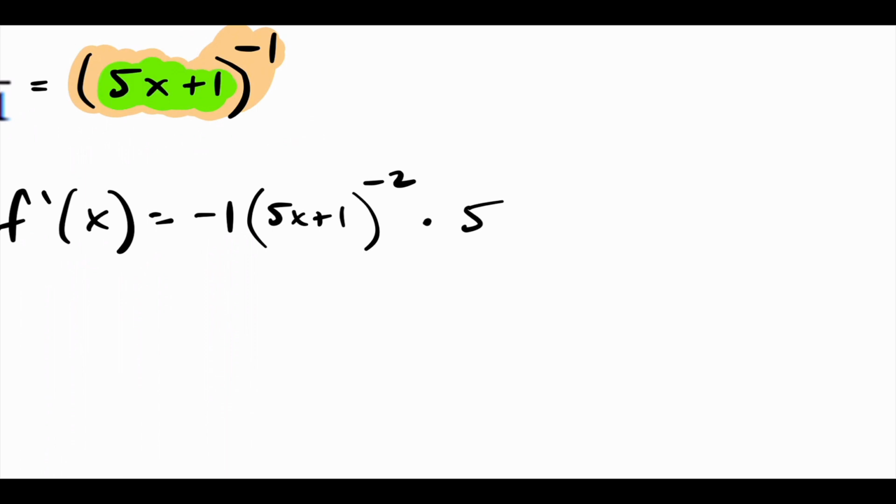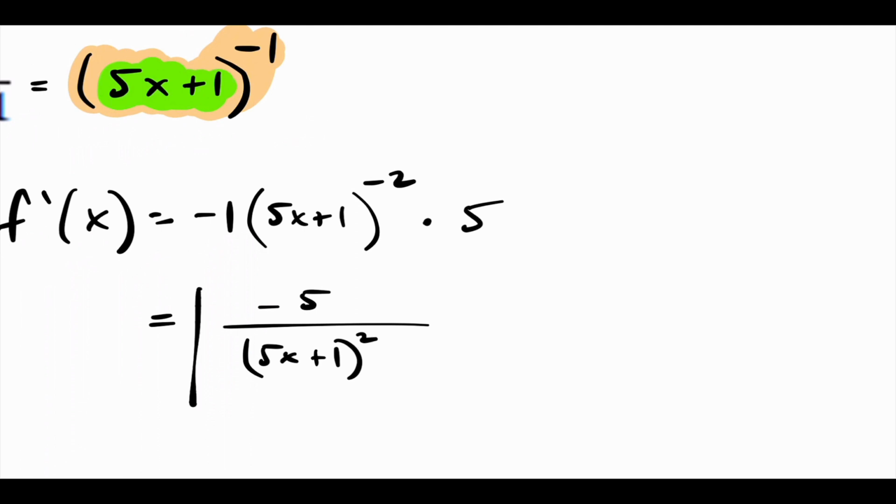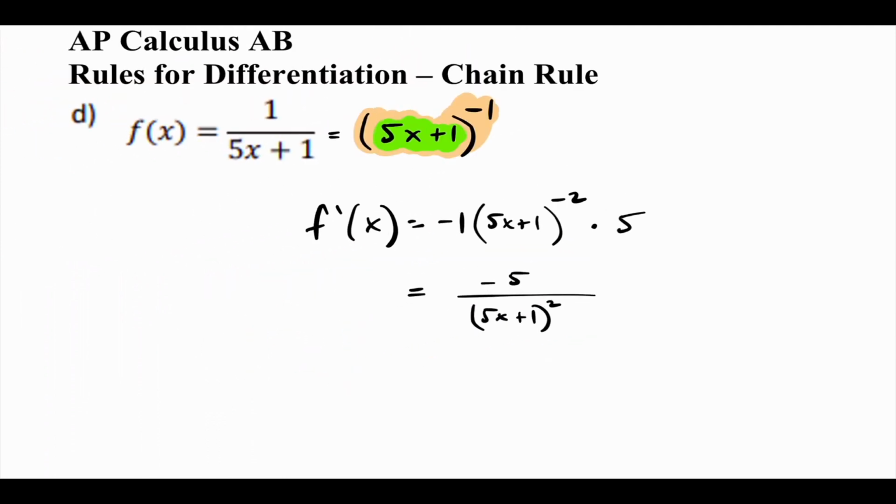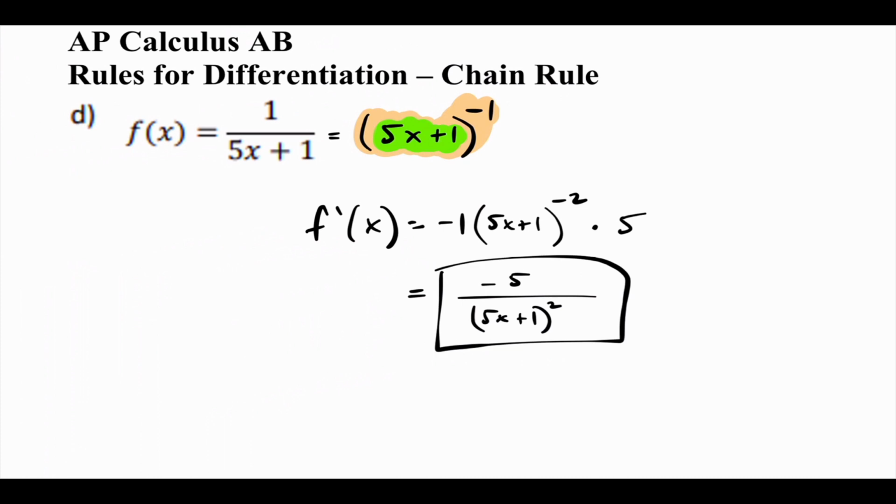I can multiply those to make -5. And then the 5x plus 1 is to the -2 power, so I'm going to move it to the bottom and make it squared. That's the answer you would see on a multiple choice.